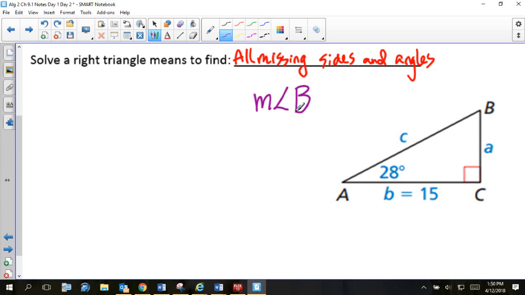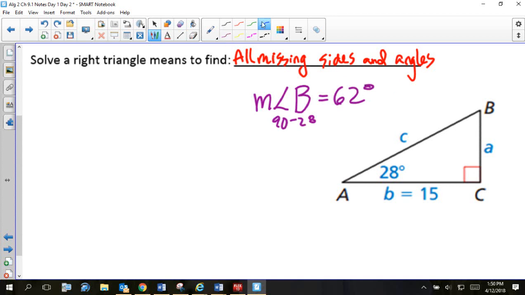To find that, what do you do? I do not use the 90 at all, because there was a theorem in geometry that said if you have a right triangle, the other two angles have to add up to be 90. So I just do 90 minus 28. It's just a little bit faster. And we get 62 degrees. Okay, got my first answer.